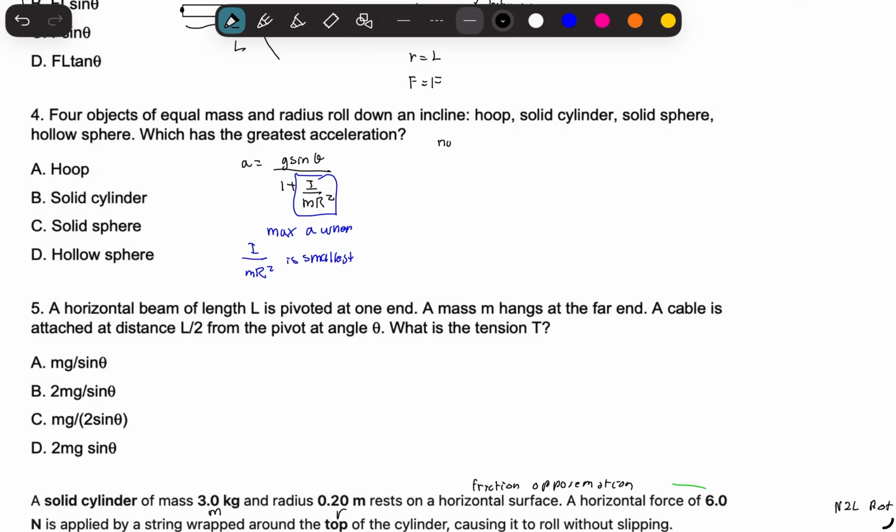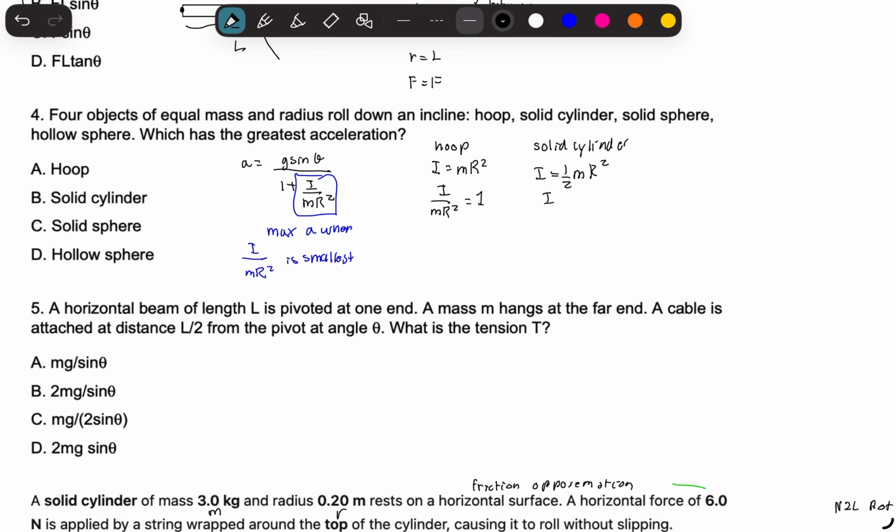Let's do this for each of the options. When you have a hoop, I is equal to mr squared. So that's going to be I over mr squared is equal to 1. And for a solid cylinder, you have I is equal to 1 over 2 mr squared.